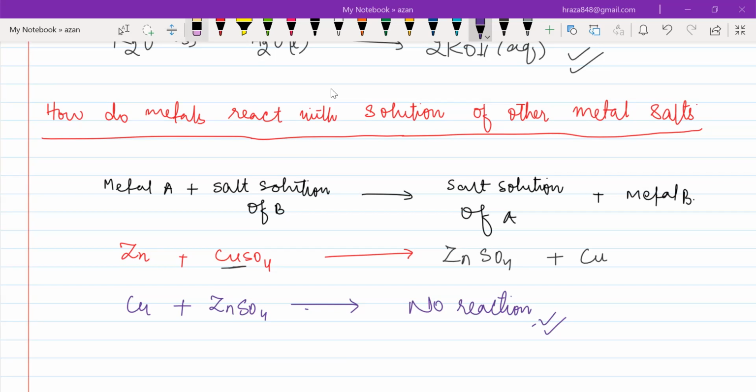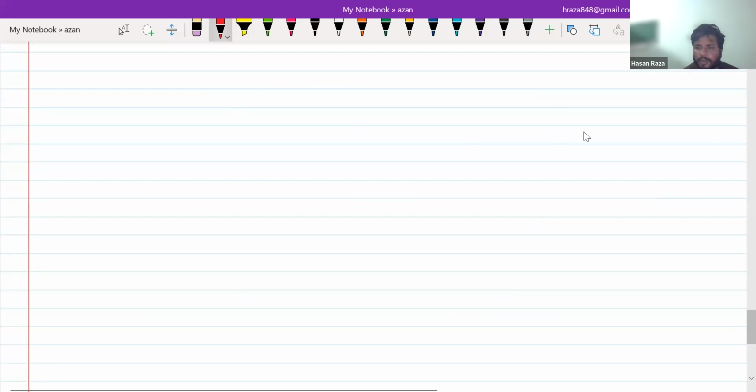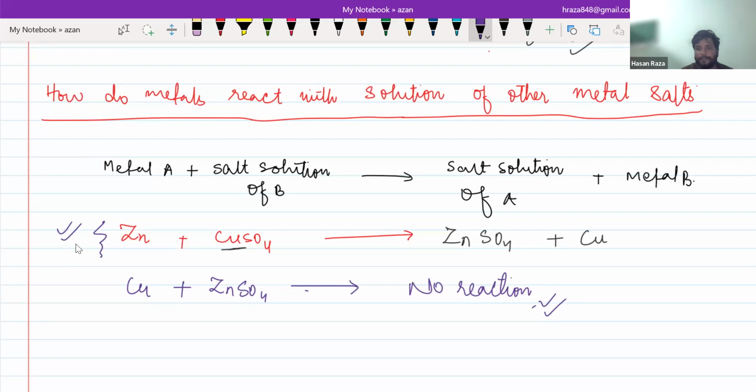Yes, sir. Okay. Now this reaction, if you are going to predict whether the reaction will take place or not, as you studied in the first chapter, if I'm asking which type of reaction this is, can you tell me? You have studied combination, decomposition, displacement. Isn't it a displacement reaction? Yes.